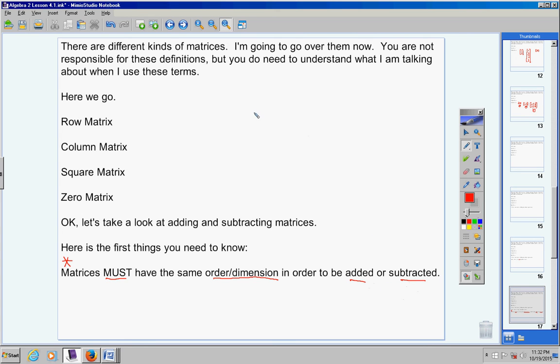If one matrix is a 2 by 3, if you're going to add a matrix to that, it better be a 2 by 3. If you have a 2 by 4, you cannot add those 2 matrices, or you cannot subtract them either. The dimensions or the order, whatever you want to call them, must be exactly the same in order for you to add or subtract 2 matrices.